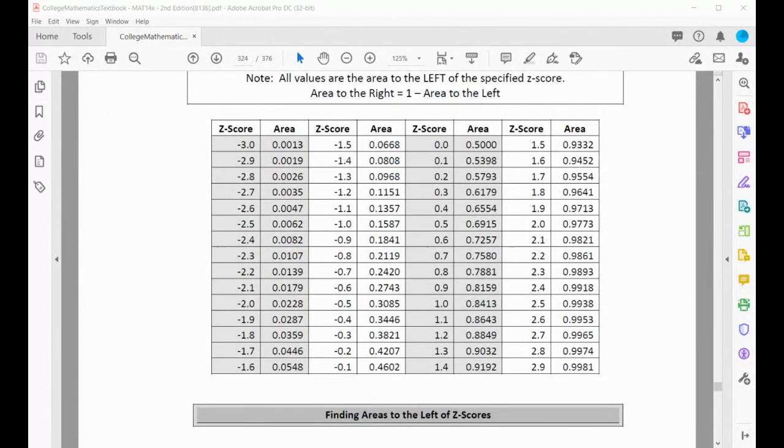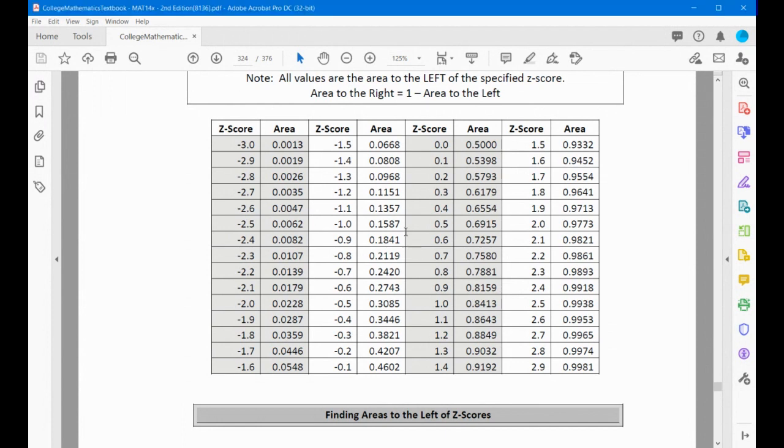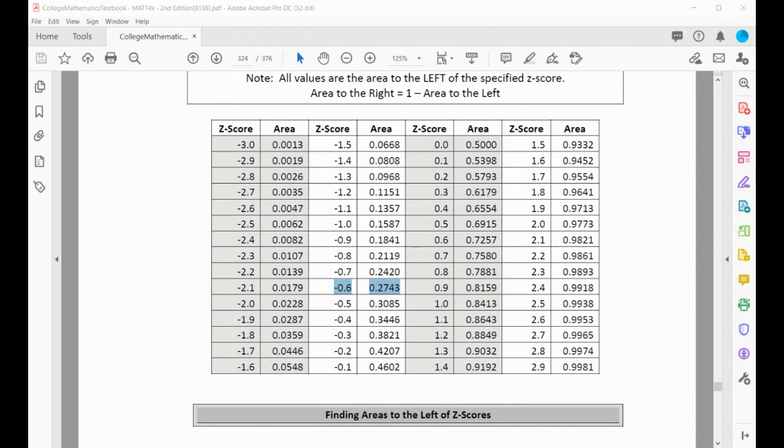But that's not on the table, so we have to round. What we do is look for negative 0.6, which looks like it's over here. And from here we get 0.2743. So the area to the left of this z-score is 0.2743.